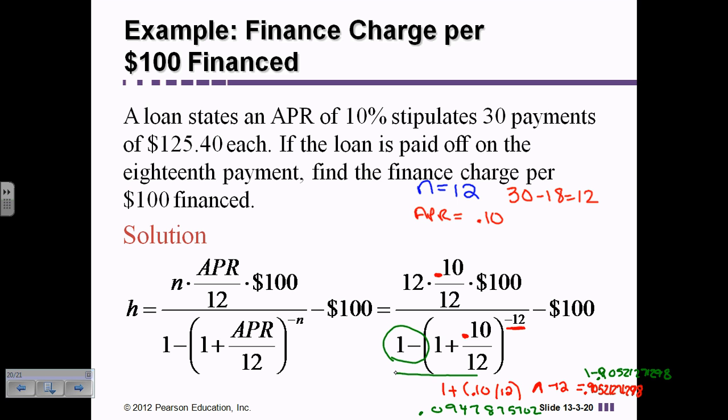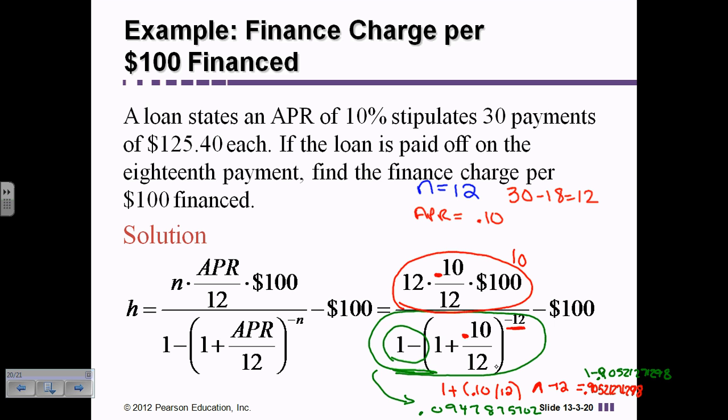So the denominator of this fraction, this whole piece right here, is 0.0947875702. The numerator, when I do all of this calculation and multiply it together, I get 10.